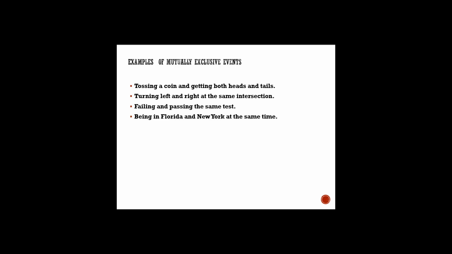I want you to write down your own mutually exclusive event on page 14. And then I have an on your own activity I want you to complete. Now this activity is using the same table that we were working with before, so you might want to fill in the totals column and the total row at the bottom and the side of it, and then answer the questions at the bottom.